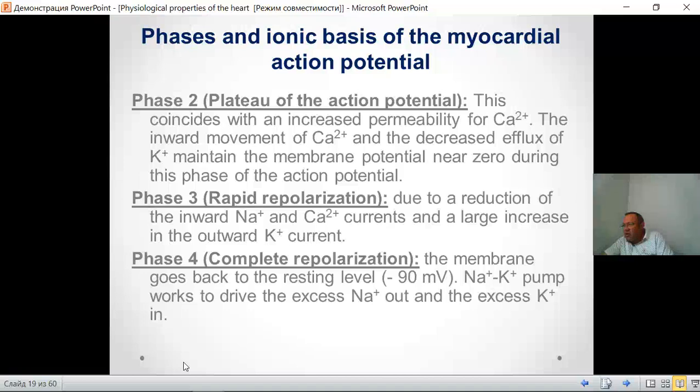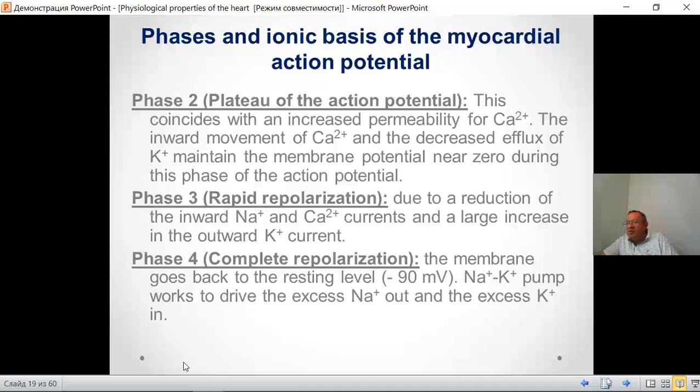Normal transmembrane ionic concentration gradients are restored by returning sodium ions and calcium ions to the extracellular environment and potassium ions to the cell's interior.